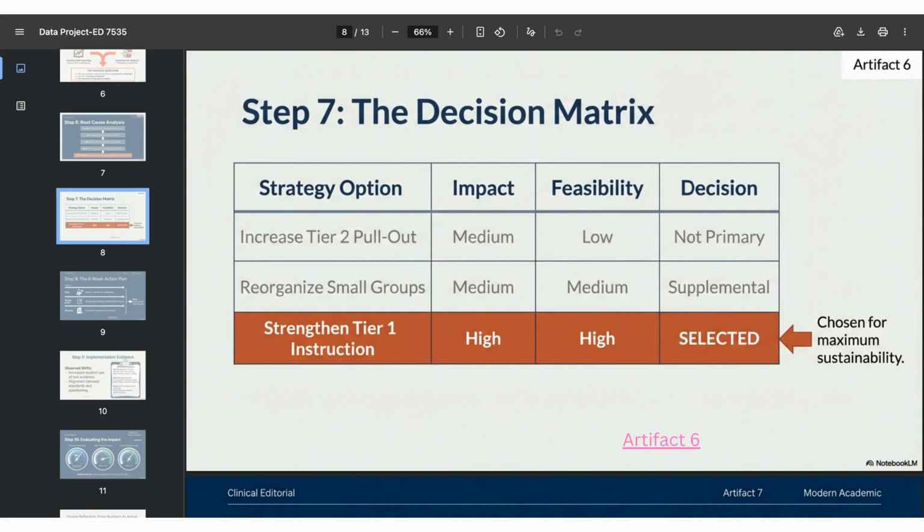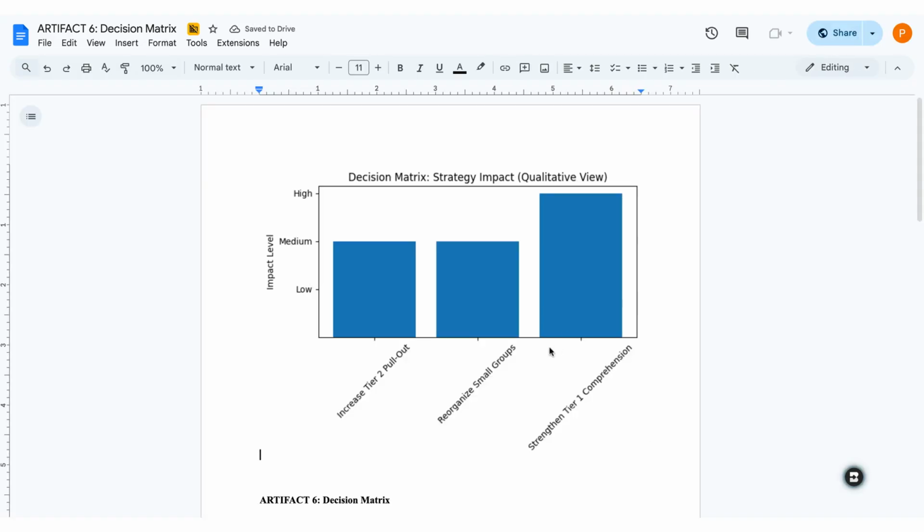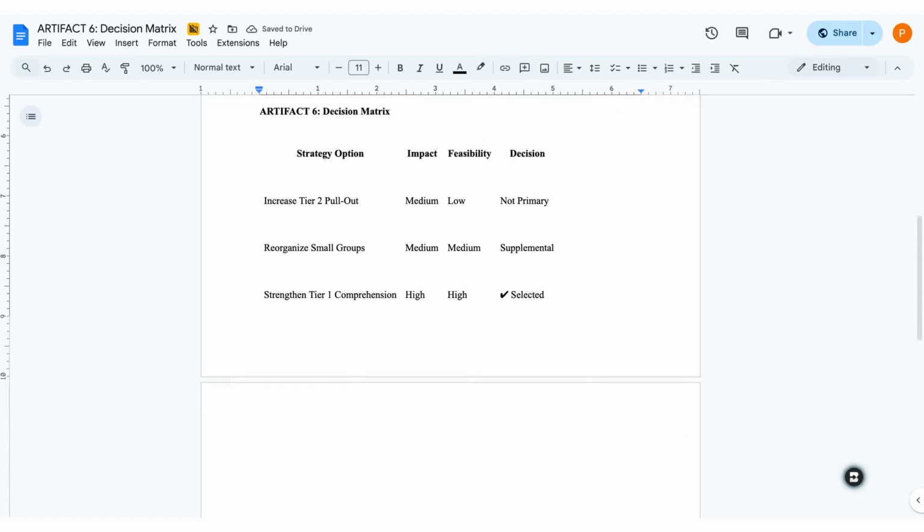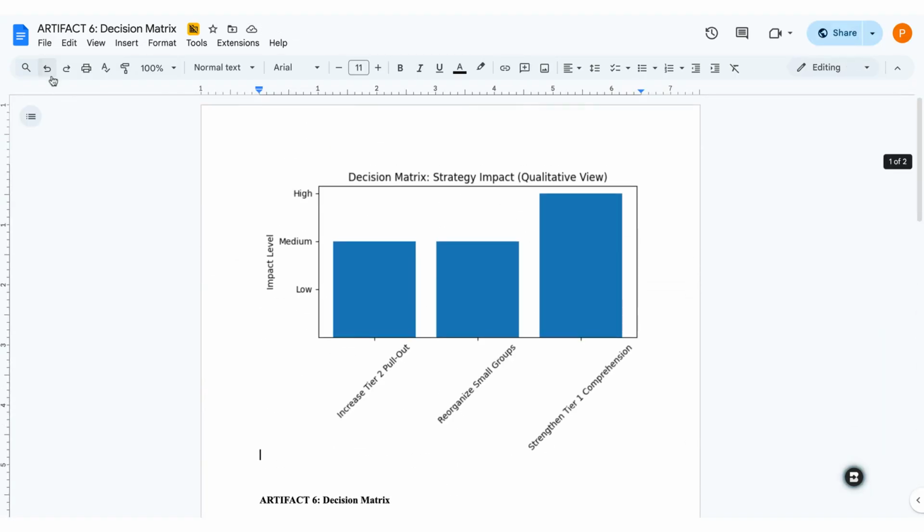Artifacts included in this particular slide are the decision matrix and our discussion notes. After the discussion, the team selected strengthening tier one comprehension instruction as the most sustainable and high impact strategy. And you can click here to see that particular artifact and our rationale behind it.